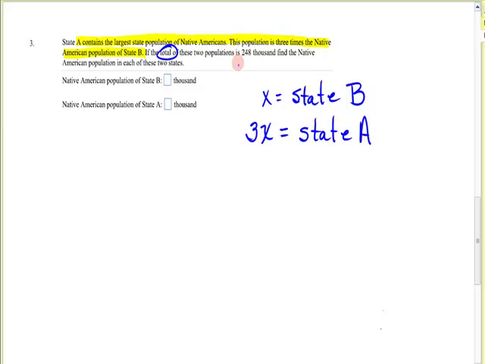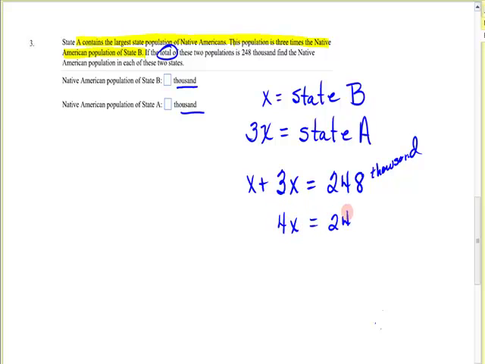Their total is 248,000. The total, x plus 3x is 248, and we just get to tack the word thousand on there. We don't have to actually add the 3 zeros because that's what they've done in the answer choices. So I'm going to solve that. Combine like terms on the left. 4x is 248. 4 is my coefficient, so I'm going to divide by 4. X is equal to 62.